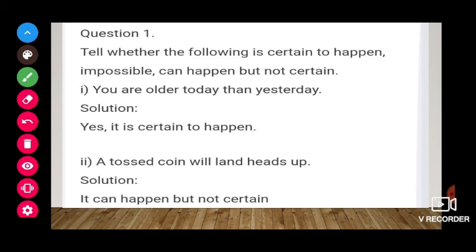If we toss a coin, what are the outcomes, children? It may be a tail, it may be a head. We cannot say that it is compulsory head or compulsory tail. So it may happen, but it is not certain.